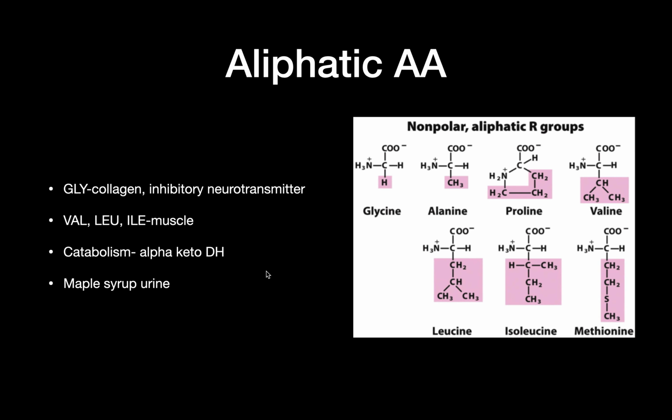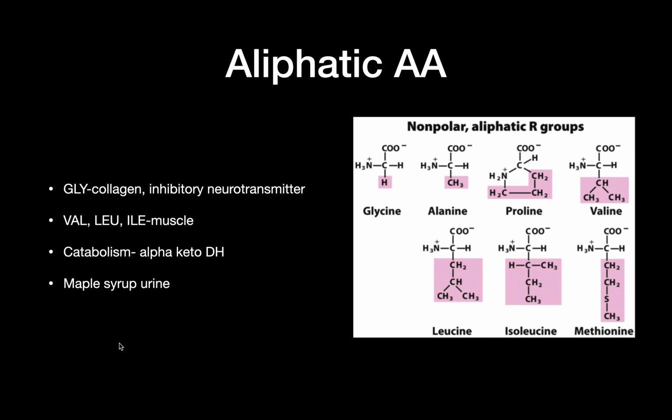So when those start to accumulate, the body releases a sweet-smelling urine, which is this disease, the maple syrup urine disease. And this disease is characterized by poor feeding, vomiting, lethargy, abnormal movements, delayed development. It's usually in newborns, so the symptoms start to emerge in the first 24 to 48 hours.